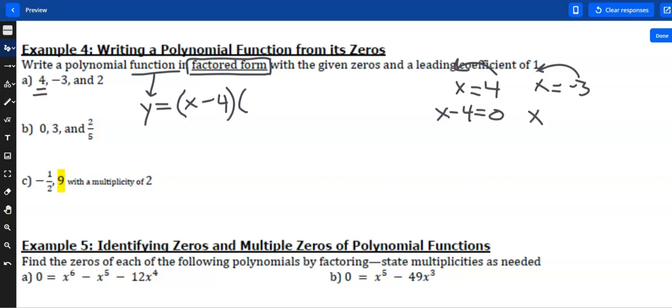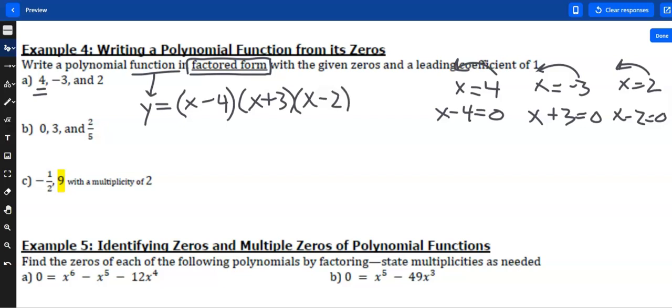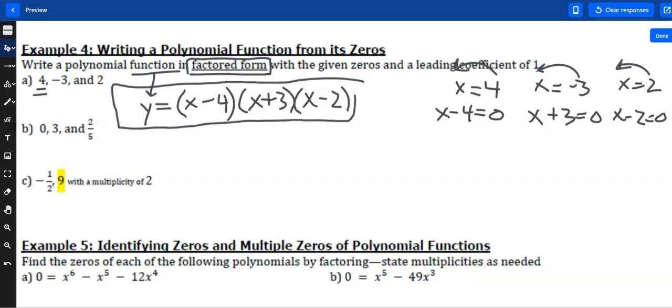Move it over, you get x plus 3 equals 0, so you see the factor is x plus 3. Same thing, x equals 2. Now, some of you are probably looking at me going, why would I write that out, Mr. Stailey? I know that it's x minus 4, x plus 3, and x minus 2. I know, but when I get to the next example, I'm worried.